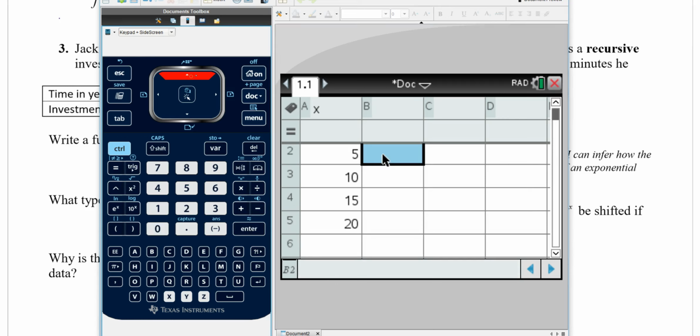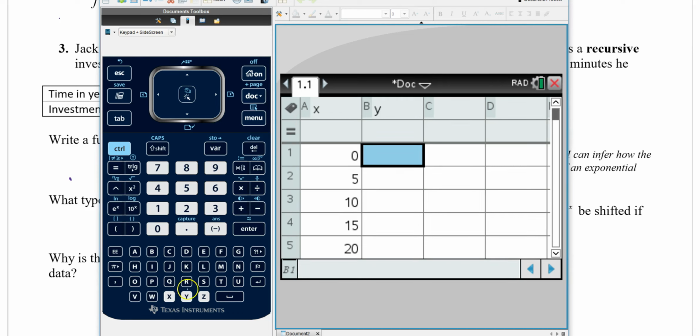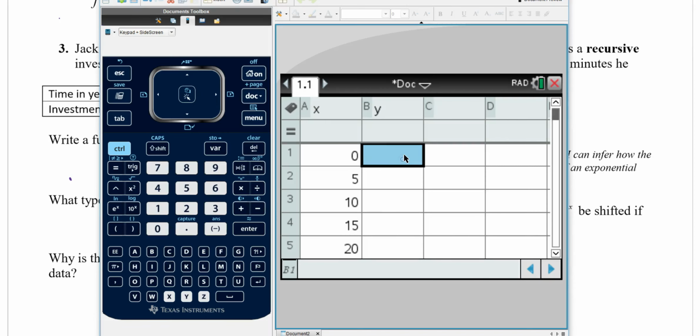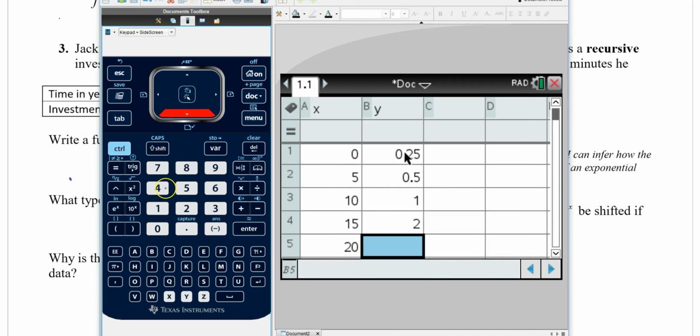And we'll go over to our y values, and we label it. And then we're going to plug in our 0.25, 0.5, 1, 2, and 4.